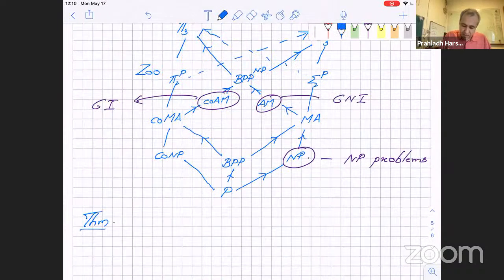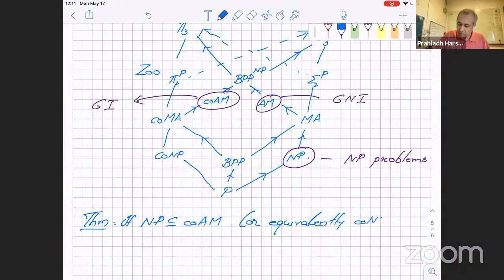What happens if co-AM is contained in NP, or NP is contained in co-AM, or equivalently, co-NP is contained in AM?